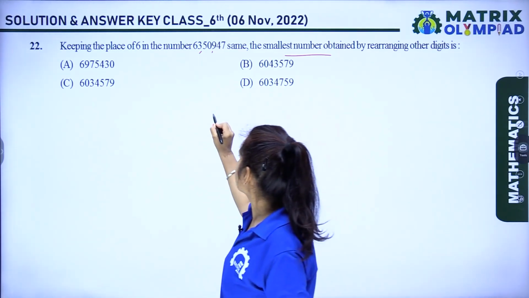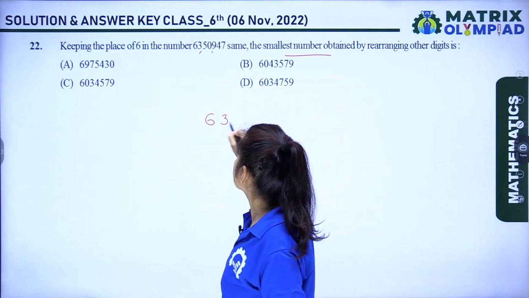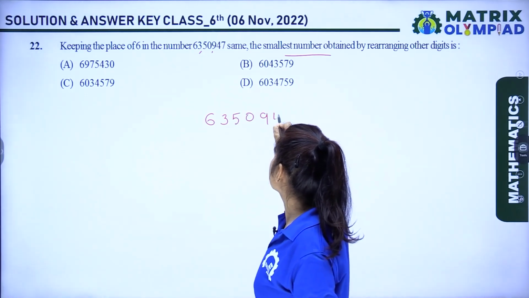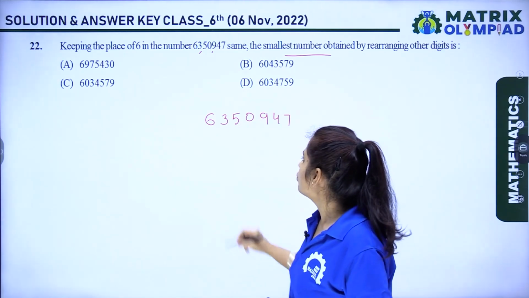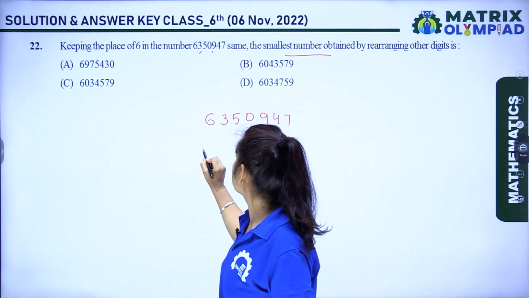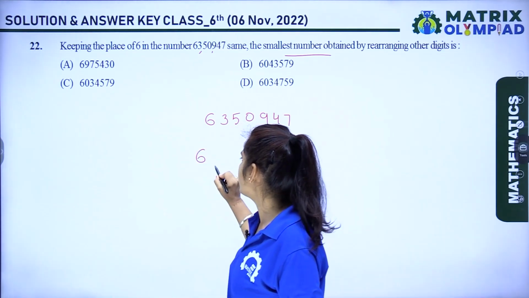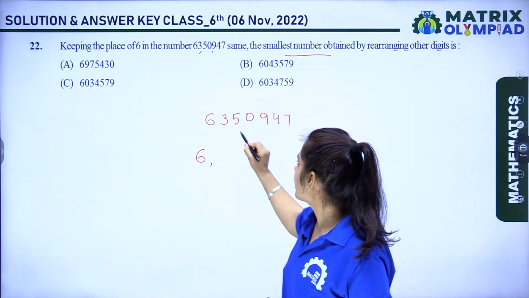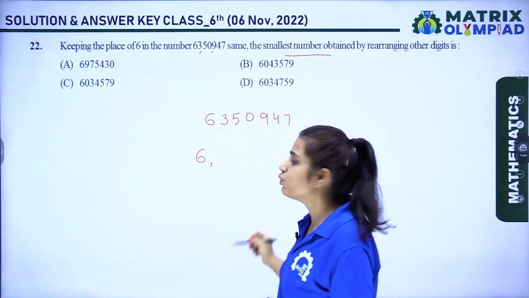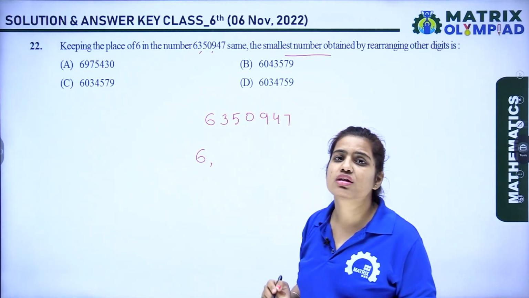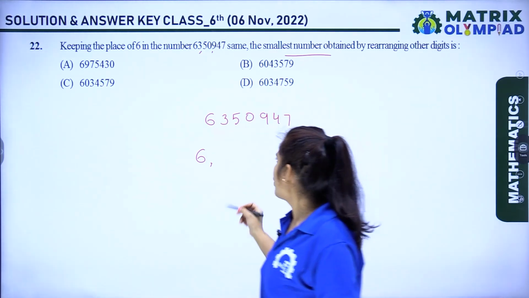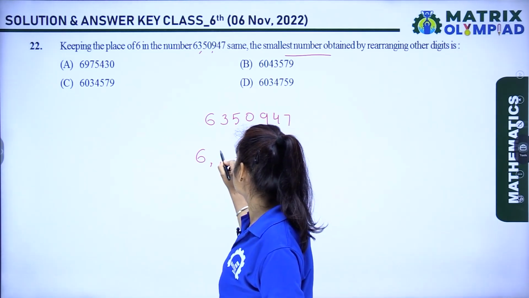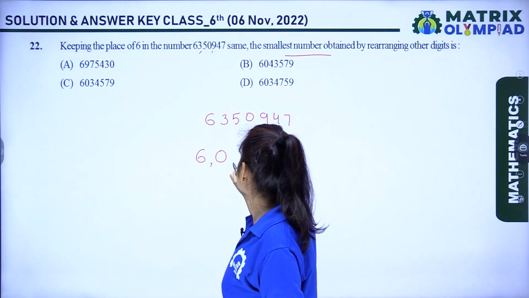So the given number is 63,50,947. So 6 is on the ten lakh place. We have to fix this digit in the same place. Now arranging the rest of the digits so that we can form the smallest number.